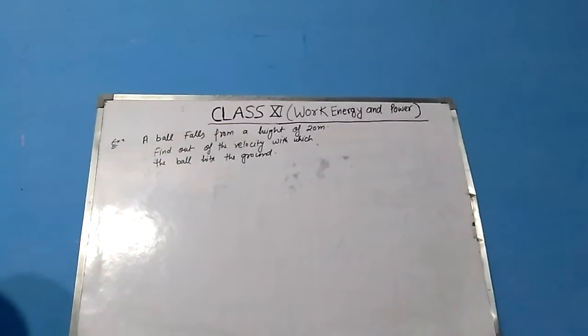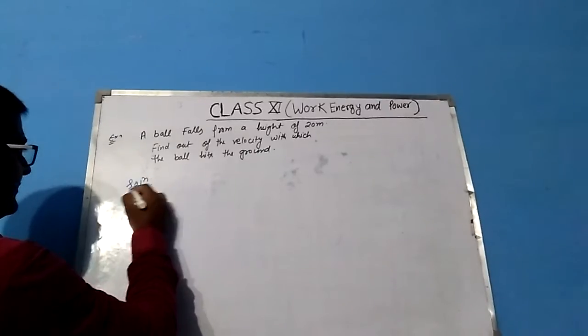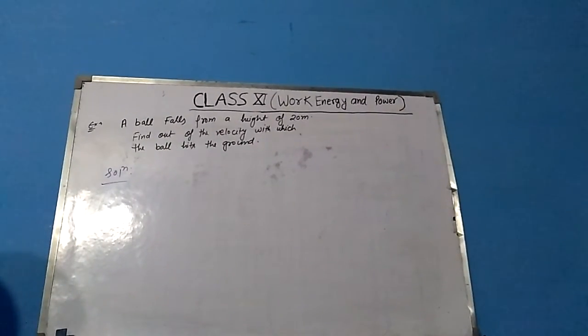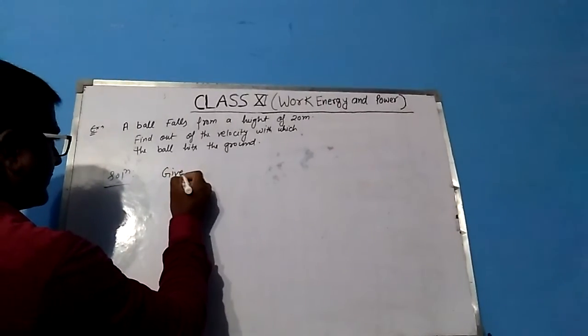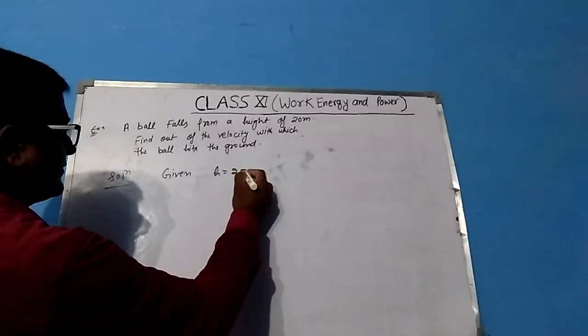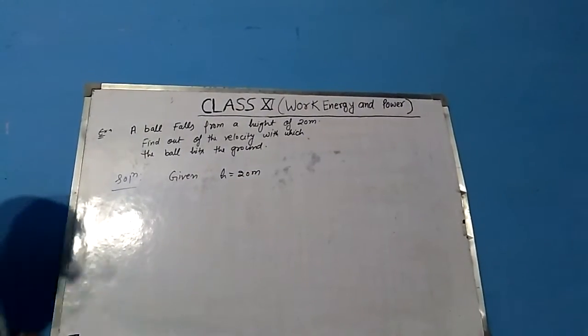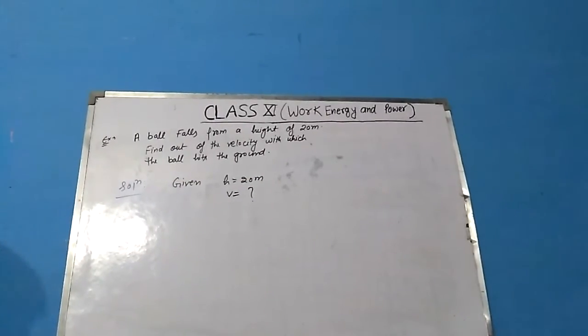Now we have to solve this. First find the given things. We have given the height of 20 meter, and we have to calculate the velocity.